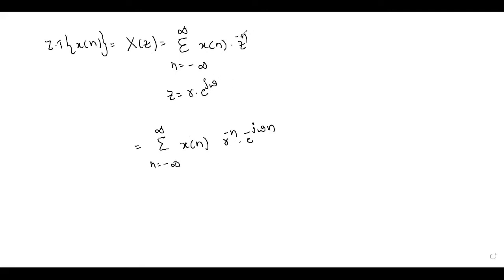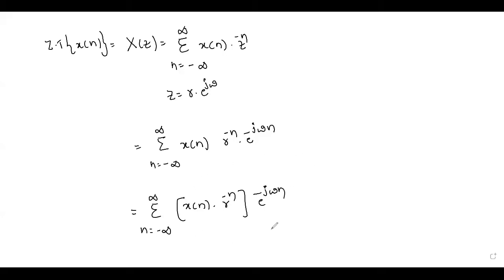R into e power j omega whole power minus n means R power minus n into e power minus j omega n. So here also, same as before, to define ROC I am grouping the terms. Minus infinity to infinity x of n into R power minus n, because omega is a frequency variable here. I am separating it. e power minus j omega n.